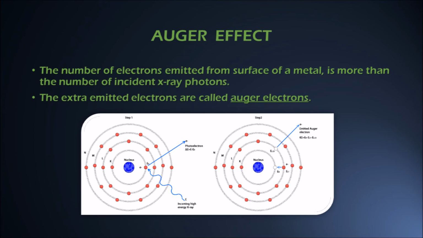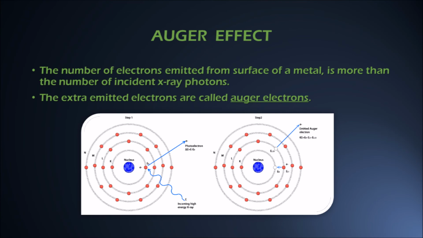But in Auger effect, the number of incident photons of X-rays and the number of emitted electrons is different. That is, one incident X-ray photon produces more than one electron from surface of the metal. These extra emitted electrons are called Auger electrons, and this phenomenon is known as Auger effect.